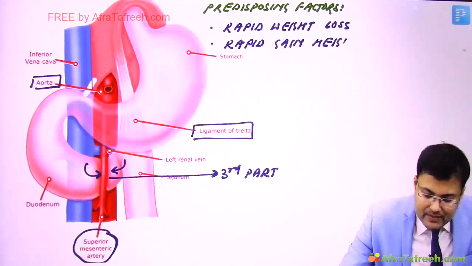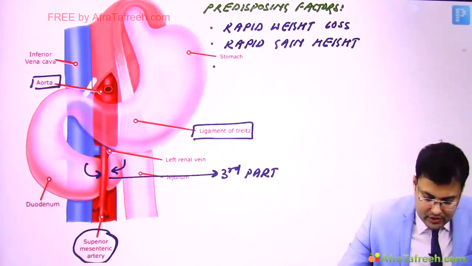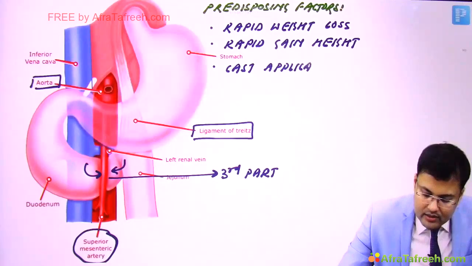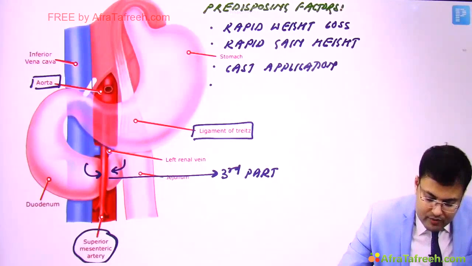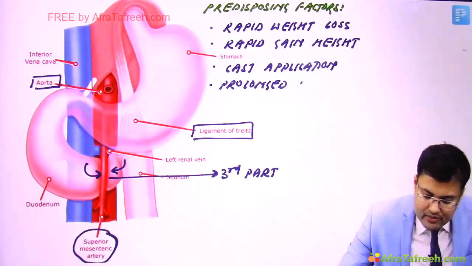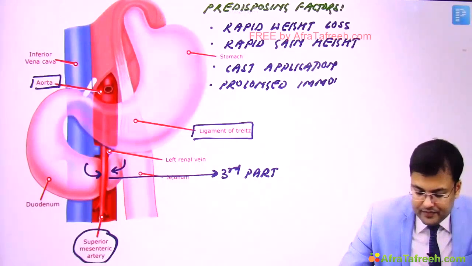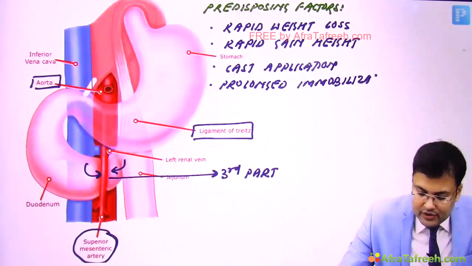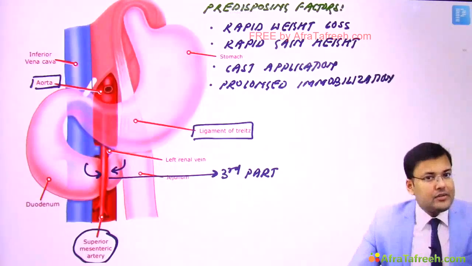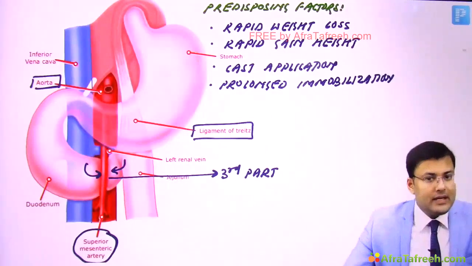Because of cast application there is also compression, so cast application or prolonged immobilization. Simple. Because of this compression there is partial obstruction, and it is most marked in the postprandial period.